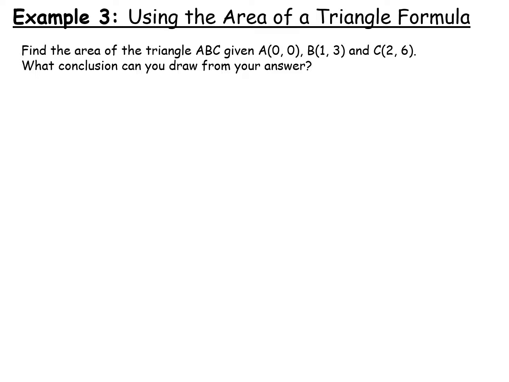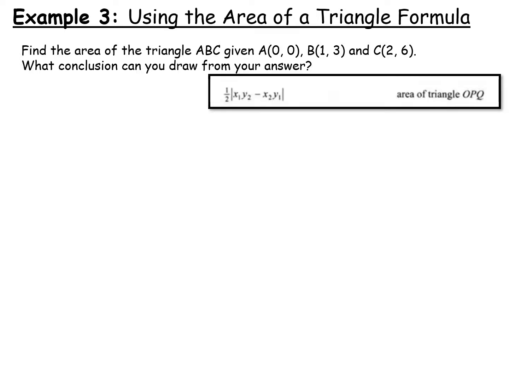So find the area of the triangle ABC, given A is 0, 0, B is 1, 3, and C is 2, 6. Now, nice that they've given us this 0, 0 point, so I don't have to do a translation. So I'm going to work with just my B is 1, 3, and my C is 2, 6. I get x1, y1, x2, y2.